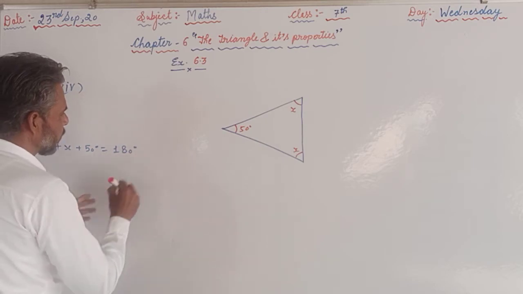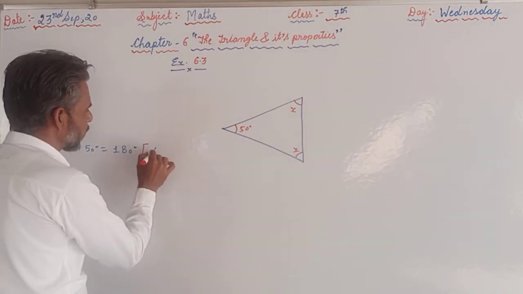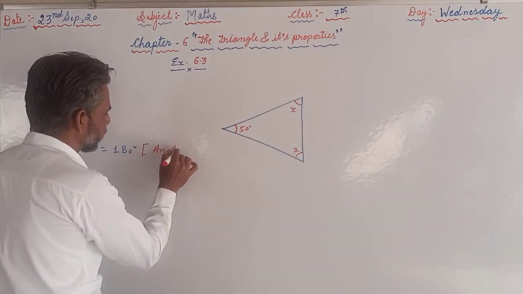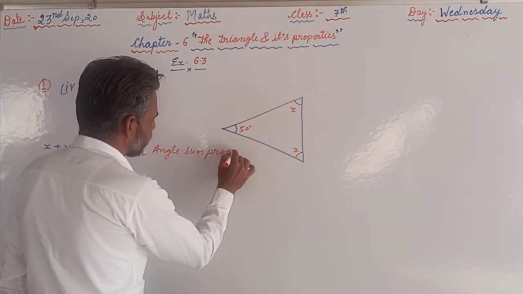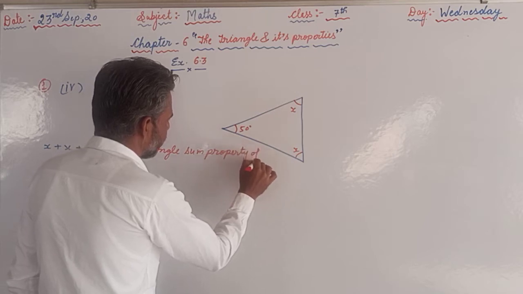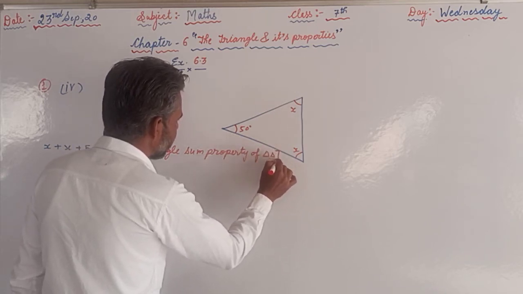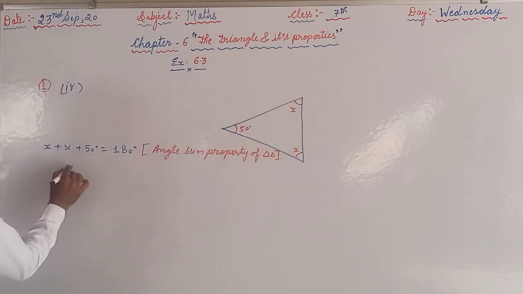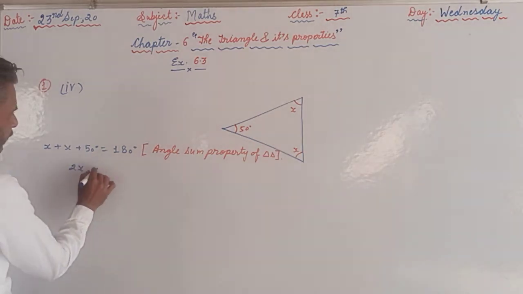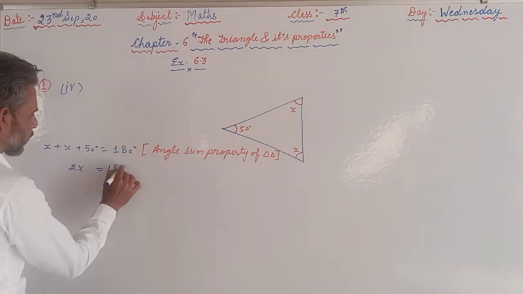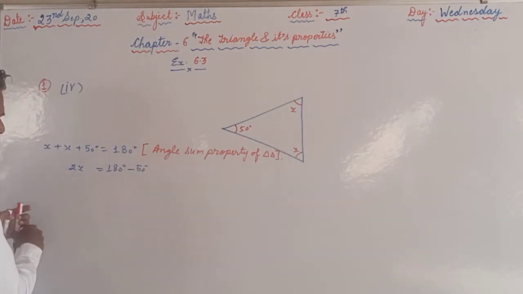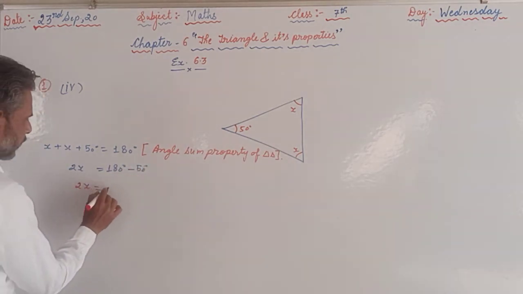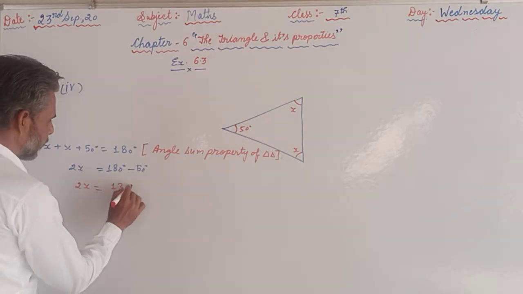Why? Again we are supposed to supply the reason for that, that is the angle sum property of triangles. Then x plus x is 2x, and 50 degree we transfer to the right hand side, that is minus 50 degree. So from here we can write 2x is equal to 130 degree.